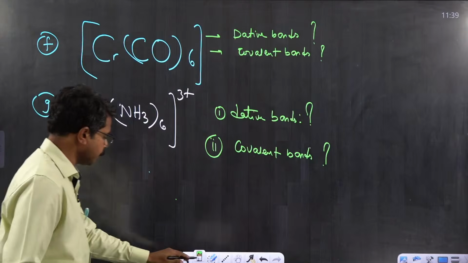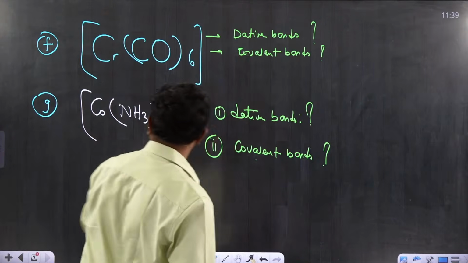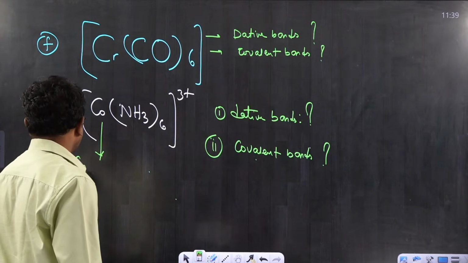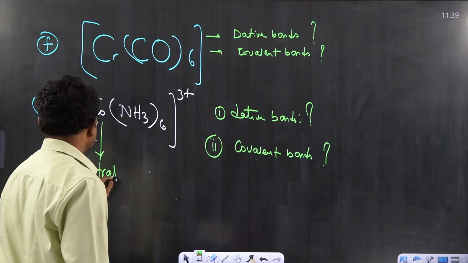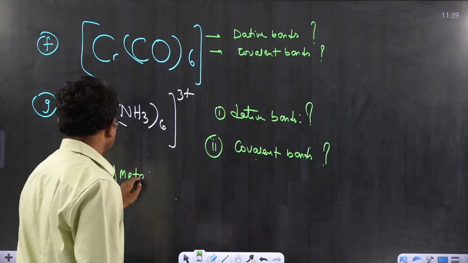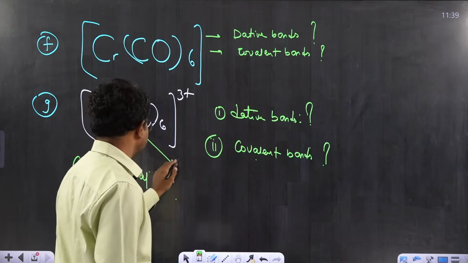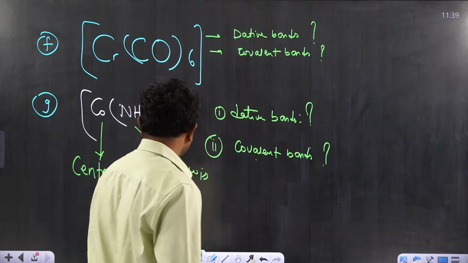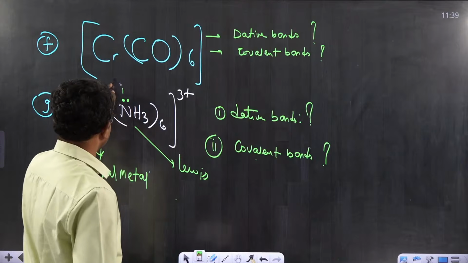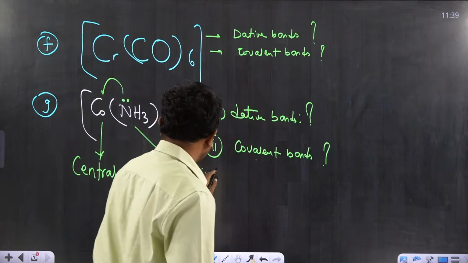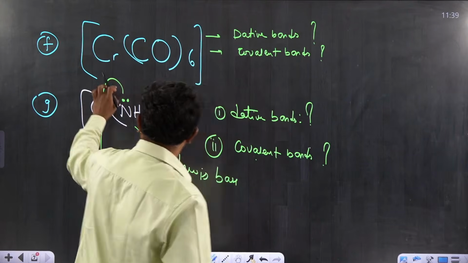Now you can say, as I told you, this is considered as the central metal, and this is considered as a Lewis base. As we know, the species is able to donate its electron pairs to the metal. As I told, this has the lone pairs.